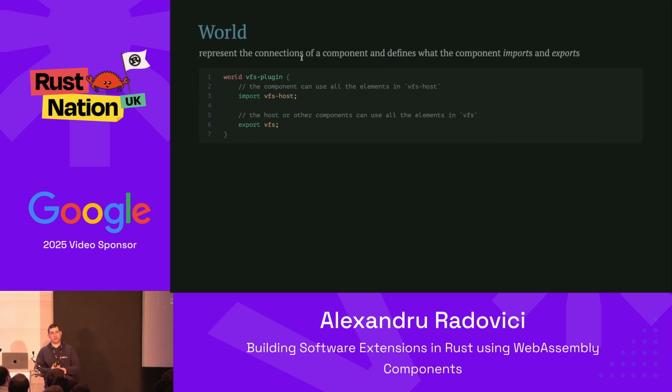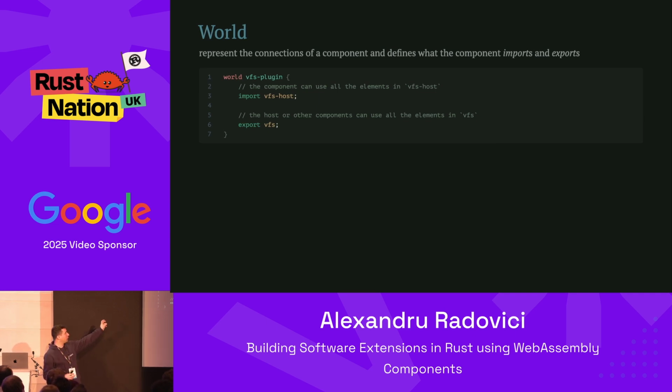And the world. The world is what a component sees. So you can define several interfaces, and for several components, you can have different worlds. And the world basically defines which interfaces are imported by the component, and which interfaces are exported.